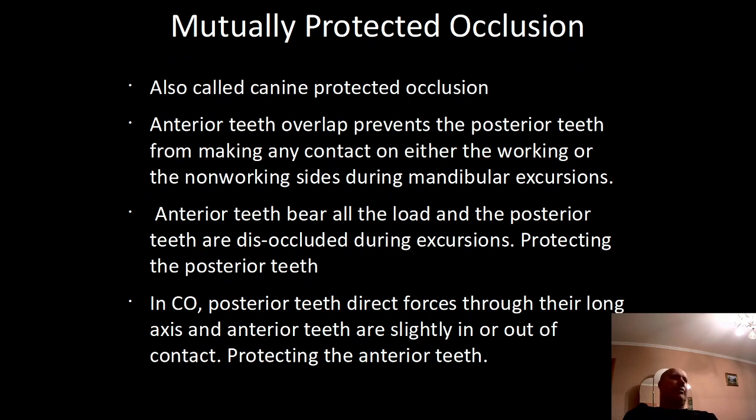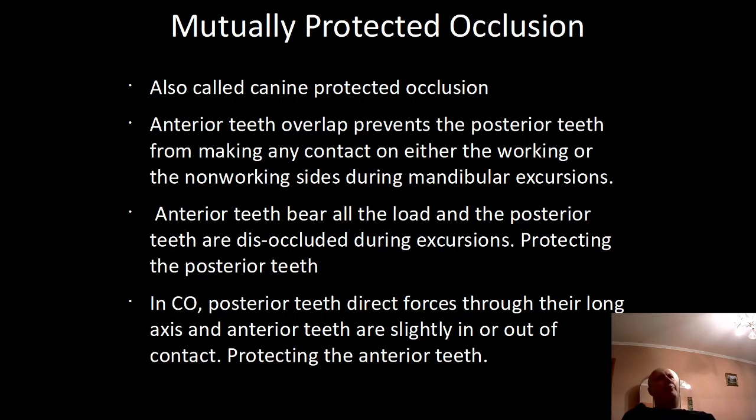Mutually protected occlusion, also called canine protected occlusion. Anterior teeth overlap and prevent the posterior teeth from making any contact on either the working or non-working sides during mandibular excursions.